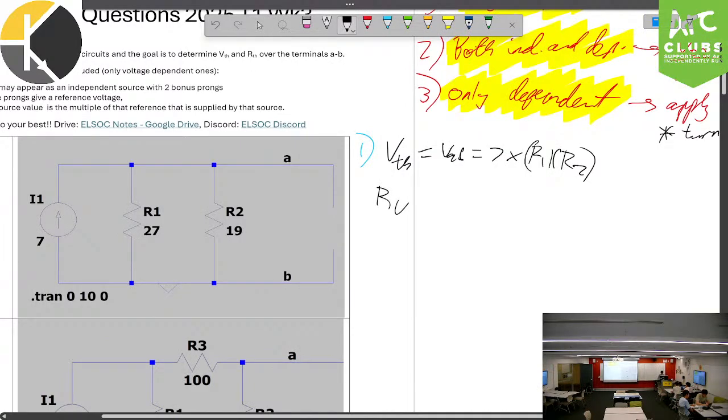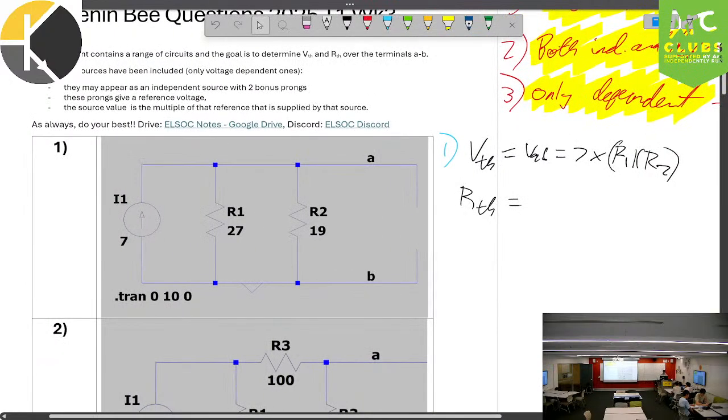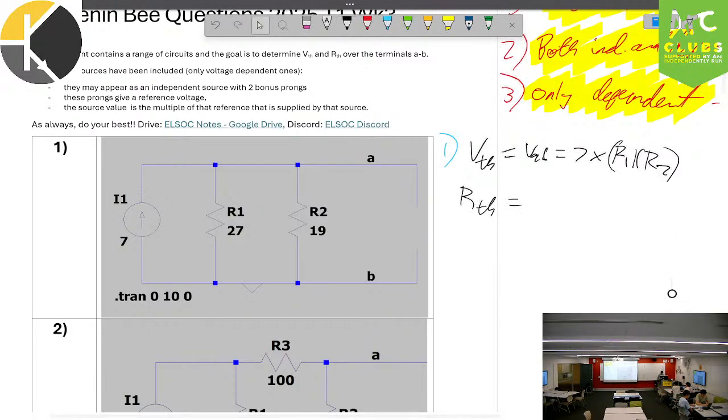Now we calculate R Thevenin. Method 1, we just turn off the source, becomes an open circuit. So let's illustrate that. Just becomes an open circuit, so this would get crossed out in that method, and we equate equivalent resistance, which will just be R1 parallel R2. That's method 1, okay? Method 2, we would calculate the I short circuit.